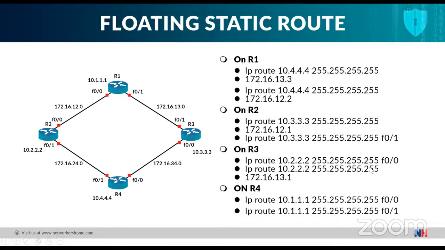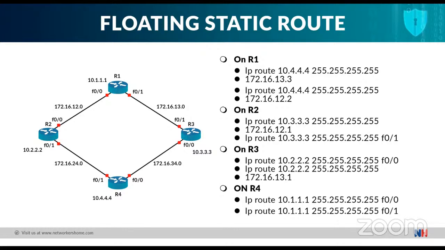AD value 0 and AD value 1, it is going to work. But if both AD values become 0, then we will not be able to get the reply. That we need to take care of. Here also, if both AD values are 0, then we need to increase the AD value of one path manually, then the second path is going to get the preference. That's the first thing.